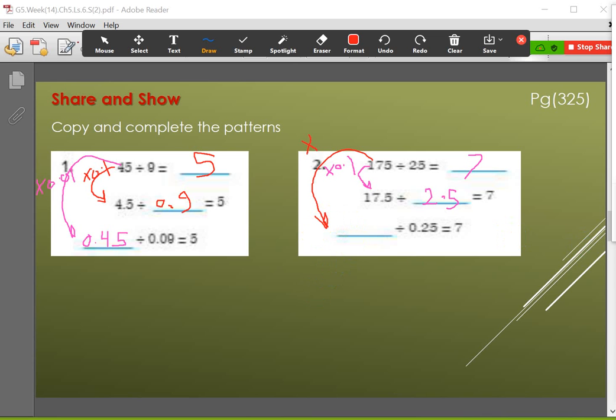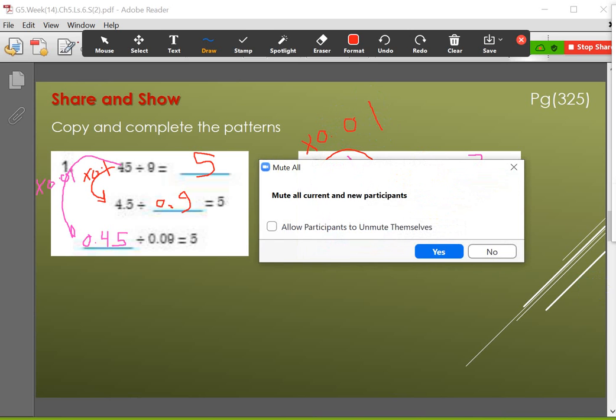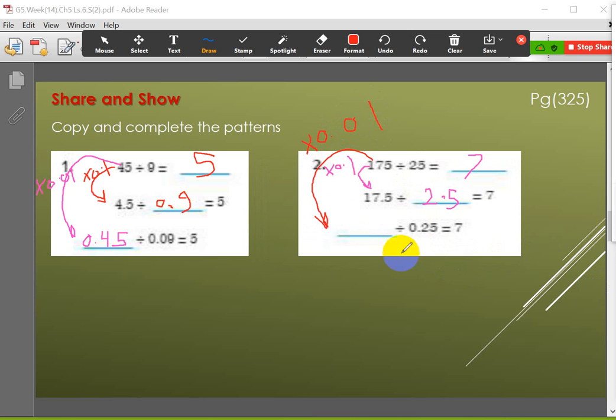So, girls, please focus with me. When I want to make 25 into 0.25, that means I have to multiply with 0.01 because I have only 2 digits after the point. I have to make 2 digits after the point.